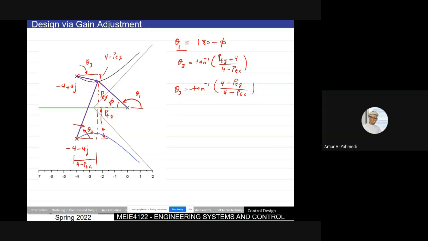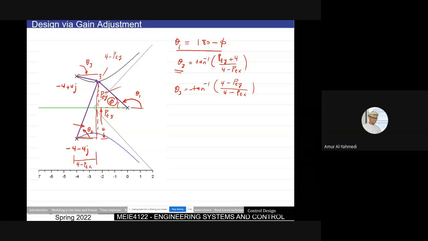Theta 1, as we did last time, is 180 minus phi. Theta 2 is tan inverse of this length over this length. This length here is PTY, from here to here.